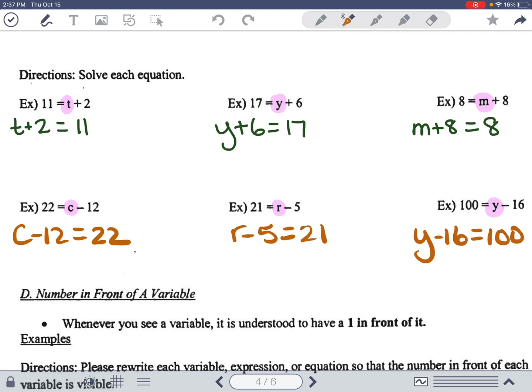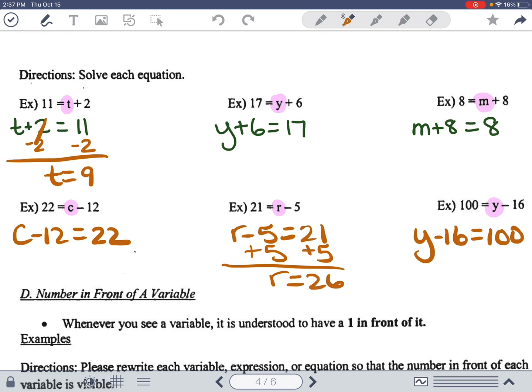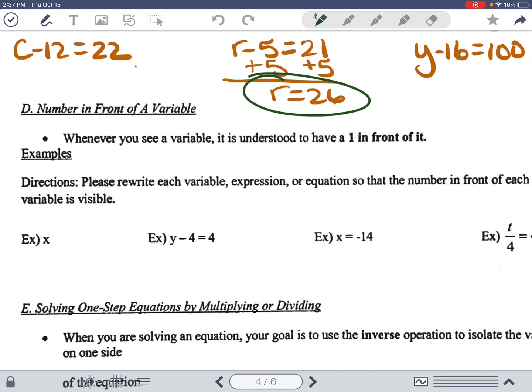So I will show you this one. And I'll pick one more. I'm going to pick this one right here. I'm going to add 5 to both sides, and r would equal 26. Now you should be able to do the rest, okay? On your own. These are simple one-step equations, adding and subtracting.